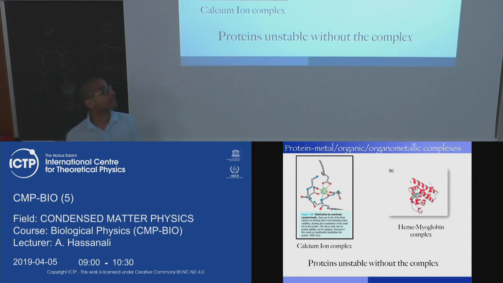But then you look at this and you say, well, these guys come very close to each other, up to 3 angstroms, 2.5 angstroms. How? Why? Well, because you have very specific interactions that essentially screen the repulsion between the two charges. So this comes up again and again in biological systems.